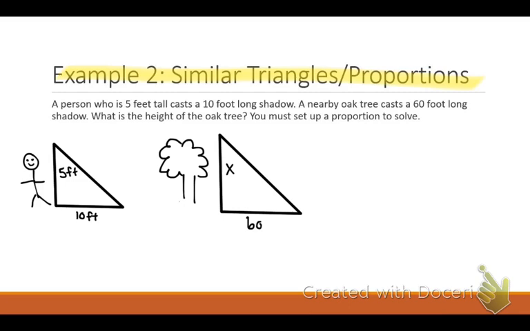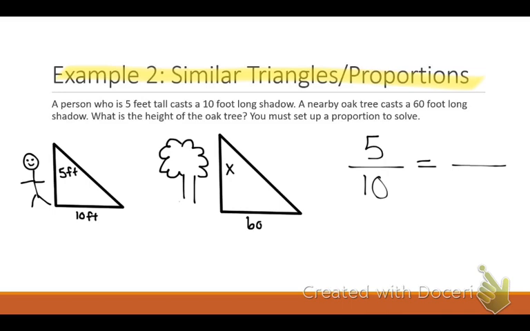Just as a reminder, guys, when we set up a proportion, we have a fraction on one side and a fraction on the other side, and we have an equal sign. Maya, how did you set up your first fraction? 5 over 10. Totally fine. She could have said 10 over 5, or 5 over x, height over height.